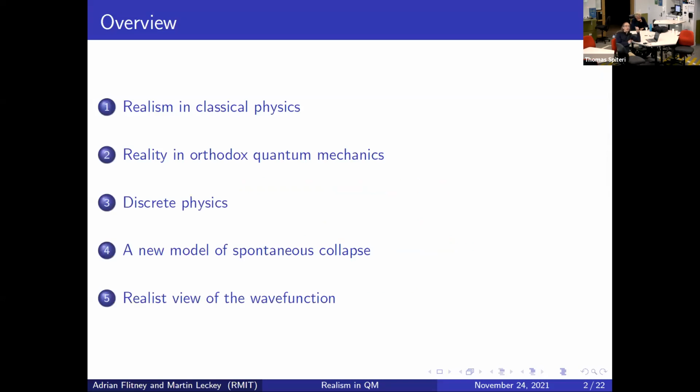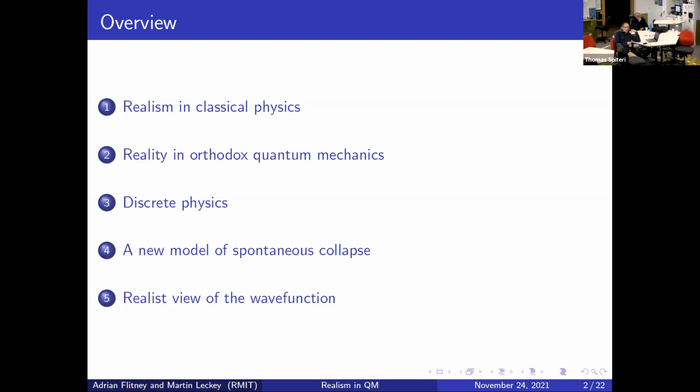I'll start by talking a little about what we understand by realism in classical physics. I'm not going to go into a lot of detail there, I just want to set the scene, and then talk about the view of reality in quantum mechanics. Quantum mechanics is a bit fuzzy, and the debate around whether the wave function itself is a real thing or just a tool for calculation has been going on ever since there was a wave function.